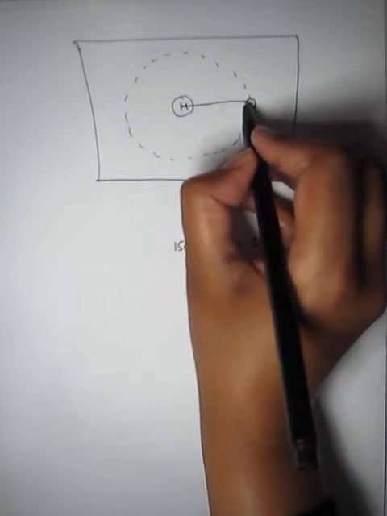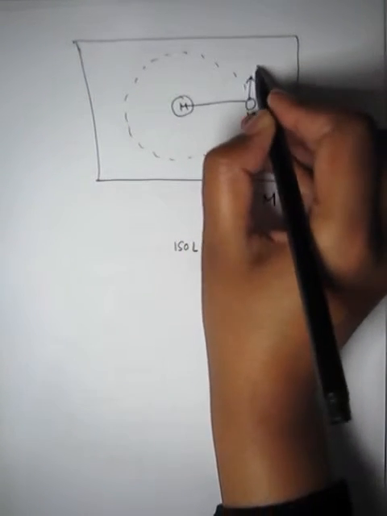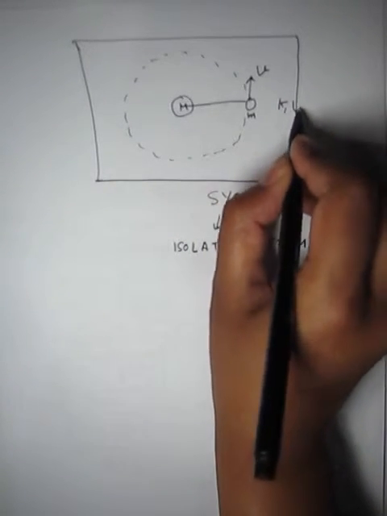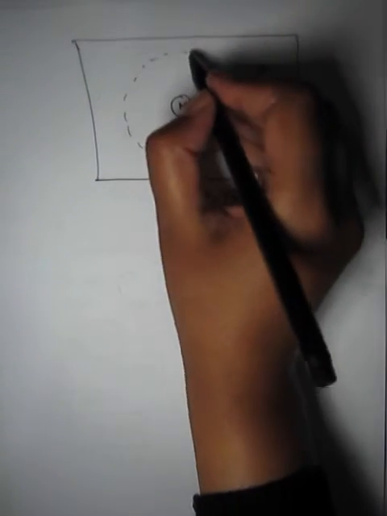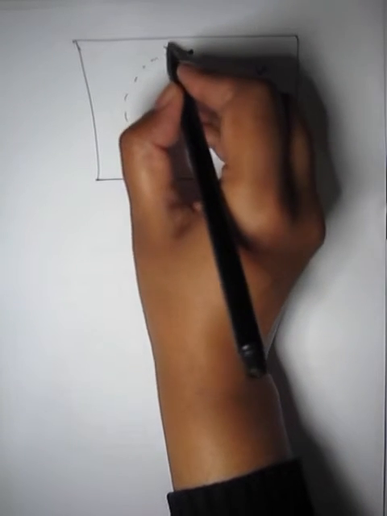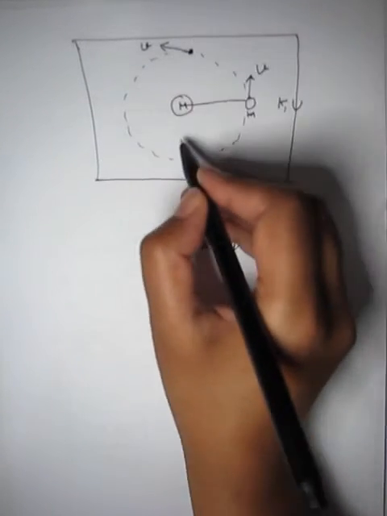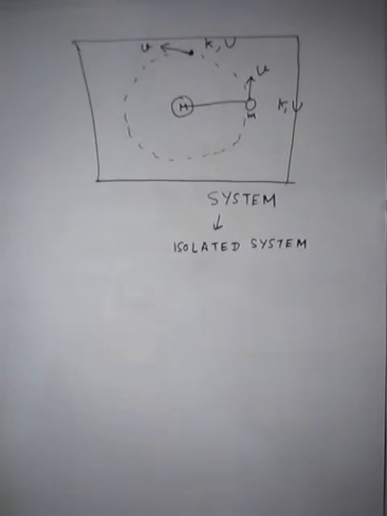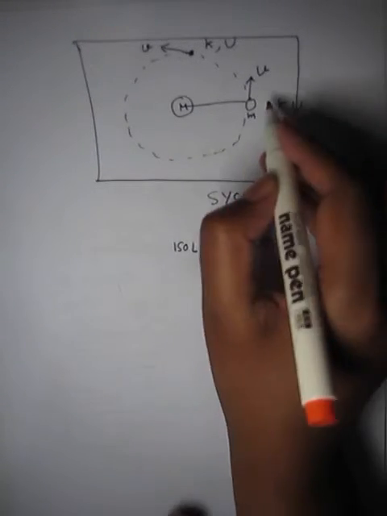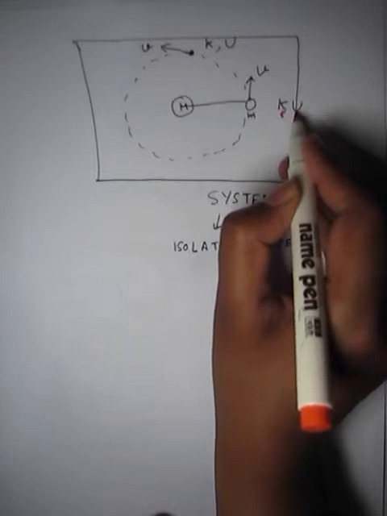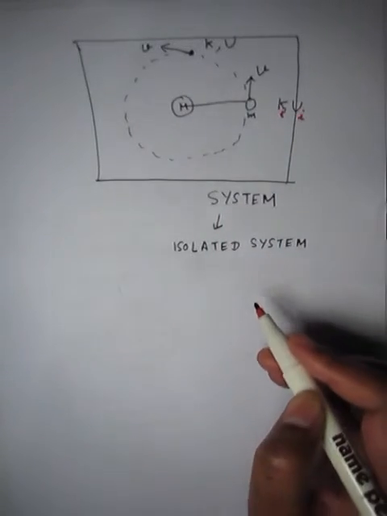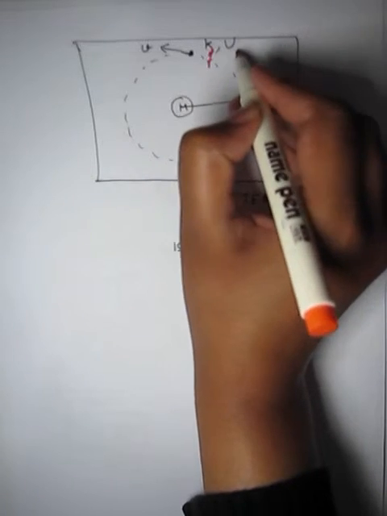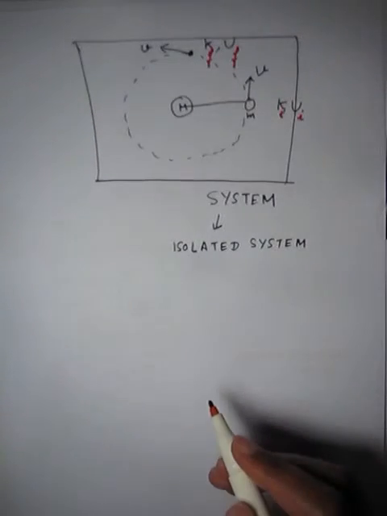So let us say that at this point it is moving with some velocity v, it has some kinetic energy and some potential energy. Let us say it reaches somewhere here. It is again moving with some velocity, and it will have some kinetic energy and some potential energy. Let us say that the kinetic energy here is initial kinetic energy, initial potential energy, and at this point it has final kinetic energy and final potential energy.